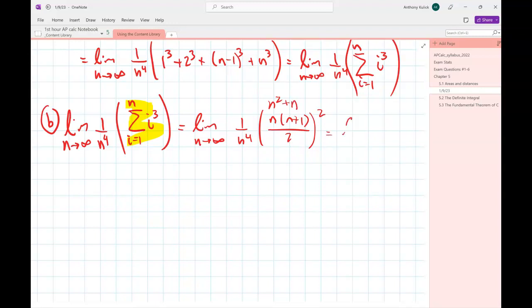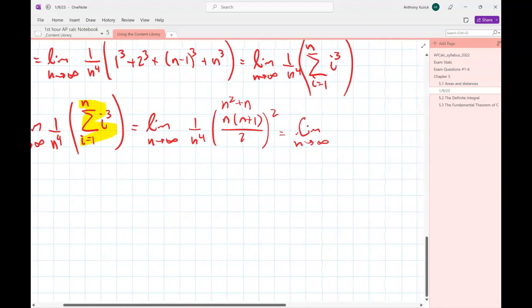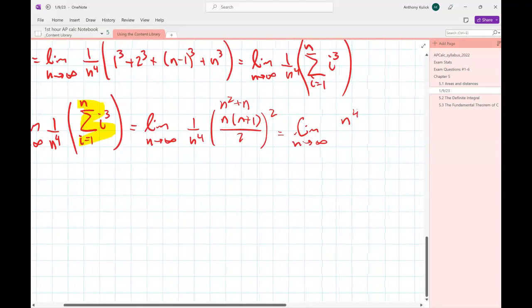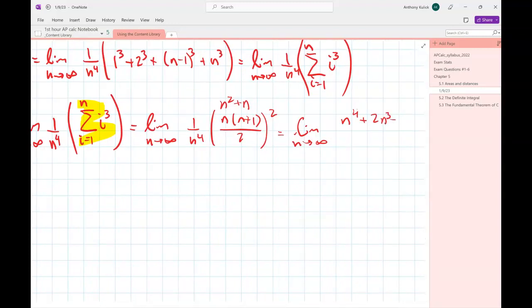And then if I FOIL that out, I'm going to have n to the fourth plus 2n cubed plus n squared all over 4n to the fourth.